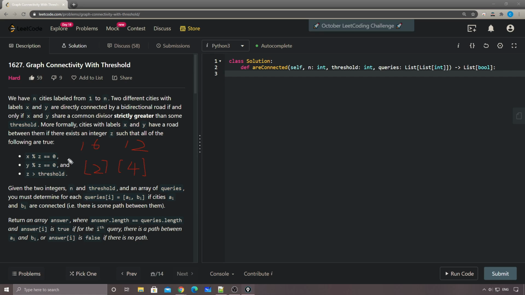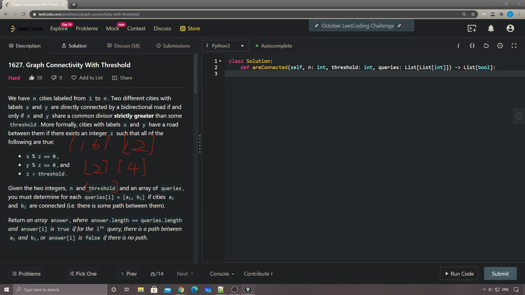So that's the definition. Basically, 16 and 12 are connected, if there's an edge between 16 and 12, if there's a common divisor that is greater than this threshold.